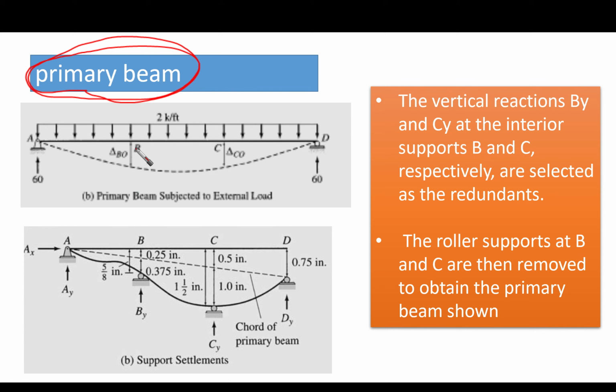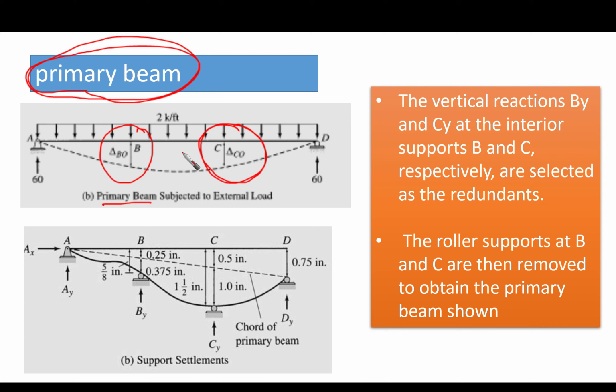As usual, we remove the internal restraints and use the reaction at point B and the reaction at point C as redundants. So we are going to use our primary beam, as you can see in this shape. This is the primary beam, where we have only a hinge at point A and a roller at point D, and we do not have any restraints now at point B or point C.